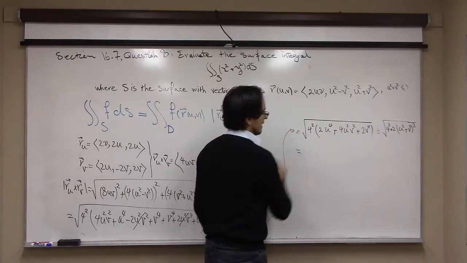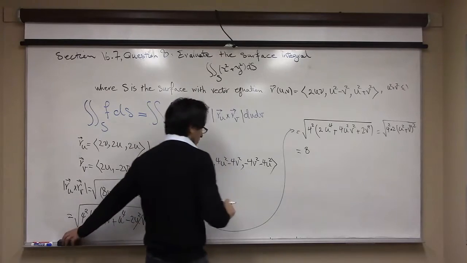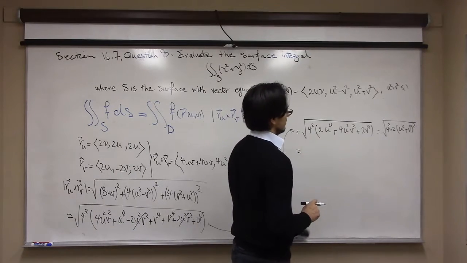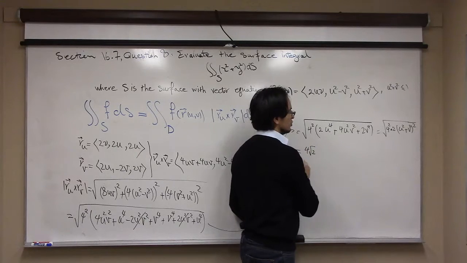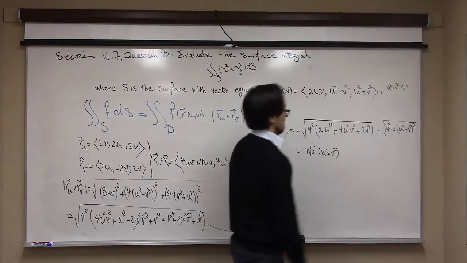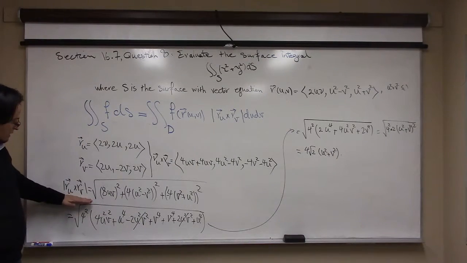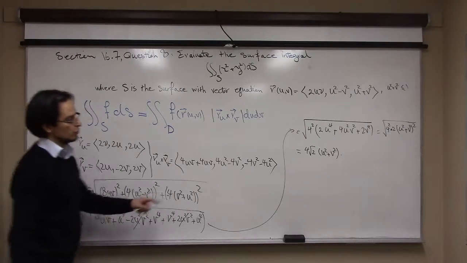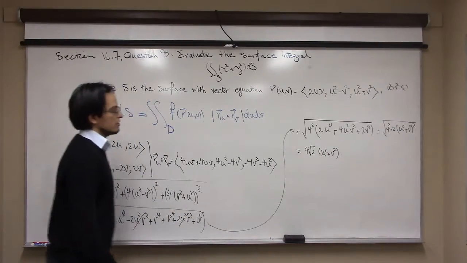And 4 squared, if I bring it out of the square root, is going to be 4 root 2 times u squared plus v squared. So r_u cross r_v has length 4 root 2 times (u squared plus v squared).